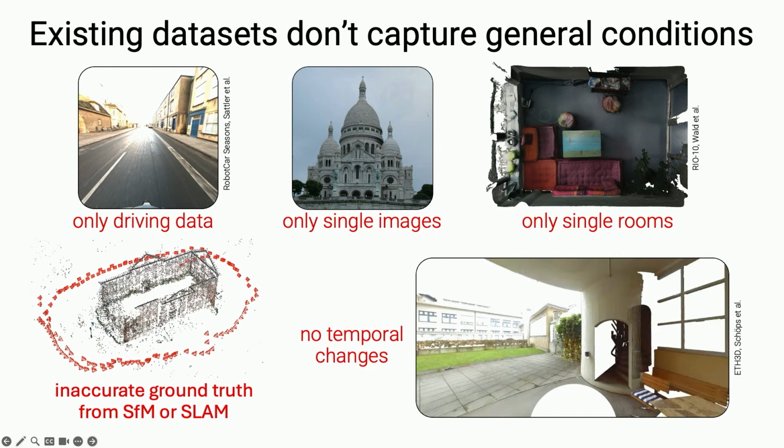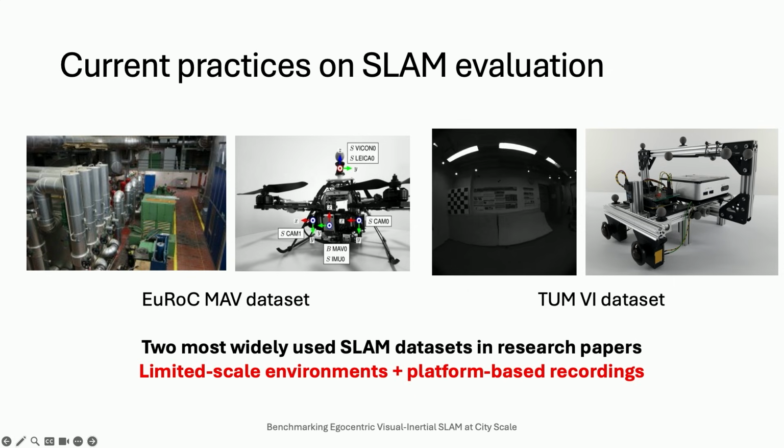And finally, data sets generally do not have a good sense of temporal changes. All these limitations of the existing data sets make building a data set for localization and SLAM highly important.